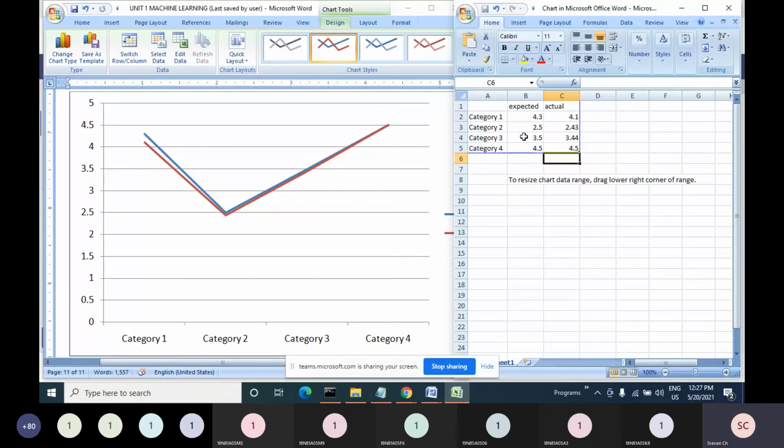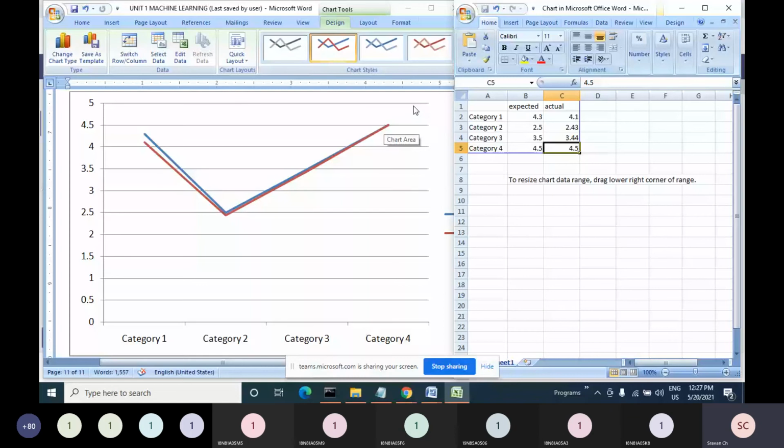Expected output, actual output. Convergence means they should meet at a certain point. See here in the last record, it is 4.5, 4.5. My expected output and actual output meet at a point. If they meet, it means my algorithm is doing well, my hypothesis is doing well.